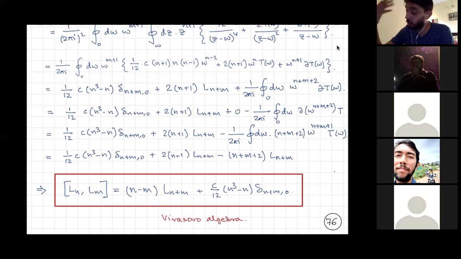We will use the Virasoro algebra more and more as we go ahead in the course. This is one of the central themes, one of the central results of the course, in the sense that we have now seen in the operator language what we had seen from the OPEs earlier, and this is going to be useful going forward.